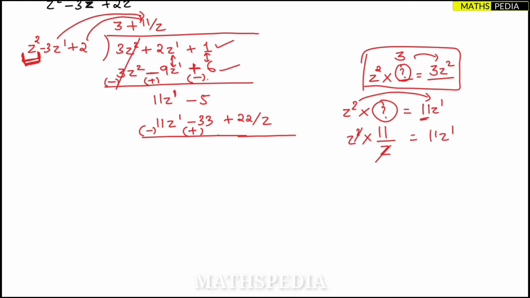Minus plus, here minus. Okay, so this gets cancelled. Minus 5 plus 33, it is 28. Here it is minus, or if you want you can put here 0 also. Okay, so 0 minus this thing, it is minus 22 by z.